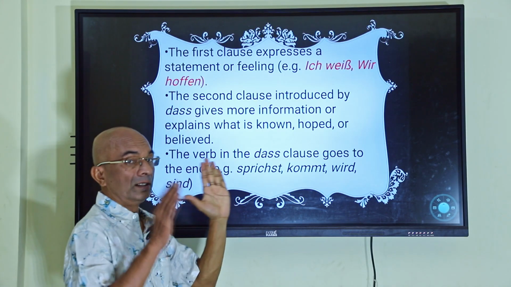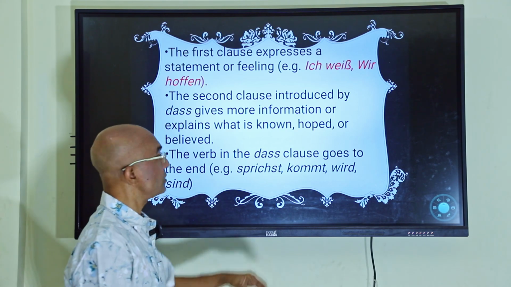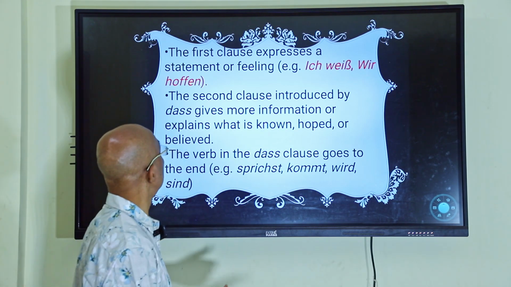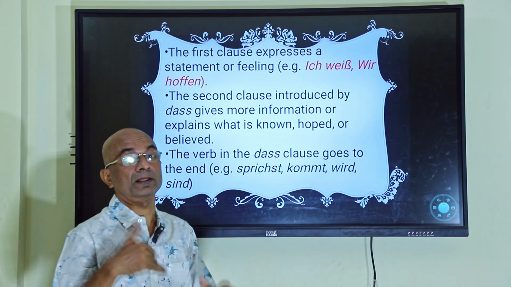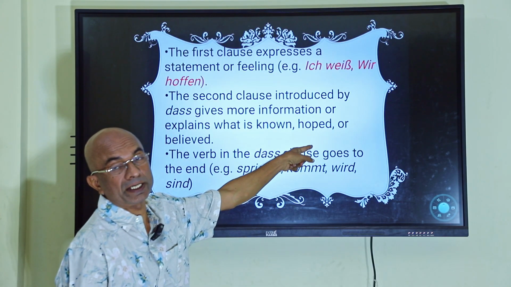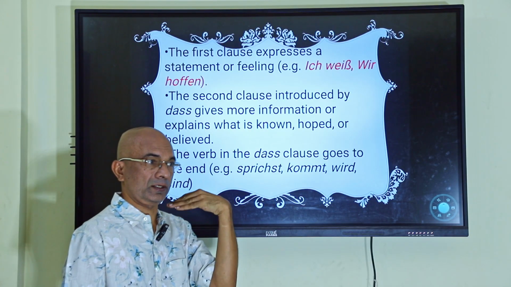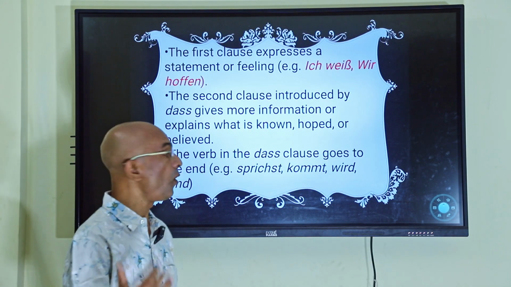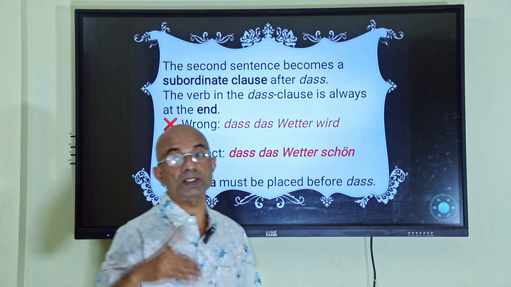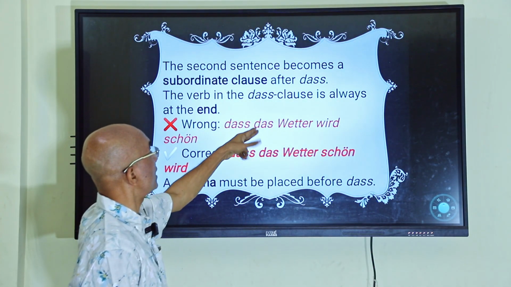Okay, I want to make some statement, and we are completing the sentence with the help of the subordinating conjunction dass. I know that. I expect that. I hope that something is going to happen. The second sentence becomes a subordinate clause after dass.